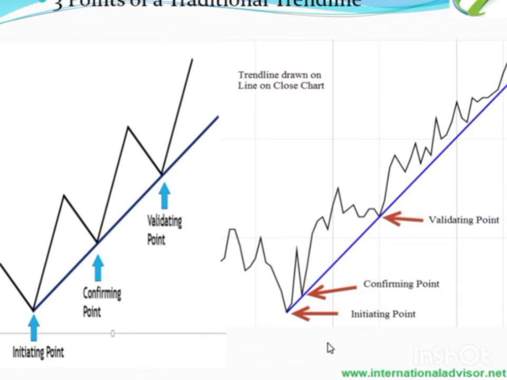Whatever the chart type is, this is of course not a real chart, just a simulation. In this case you can see the initiating point, first touch, second touch, confirming point, then validating point. This is an upward sloping trend line example.